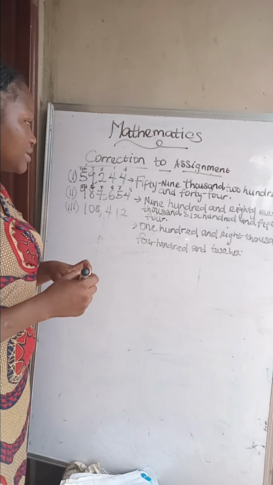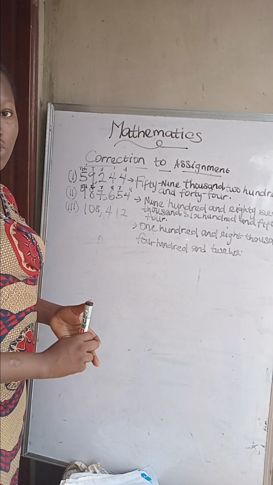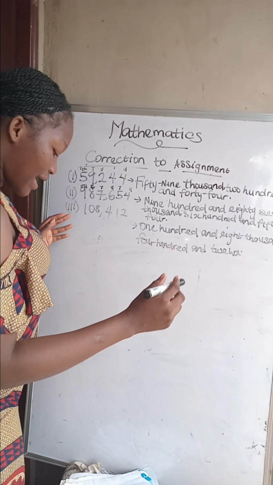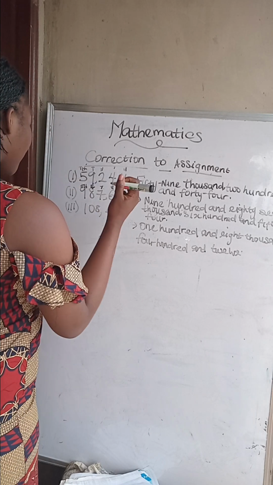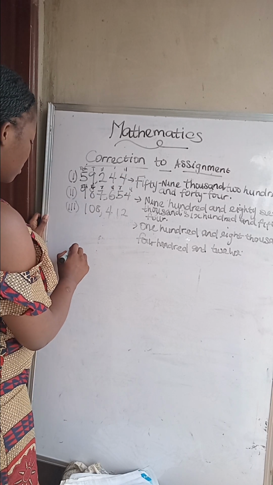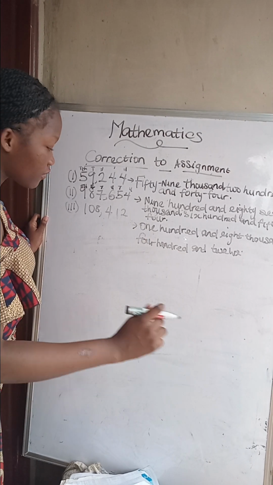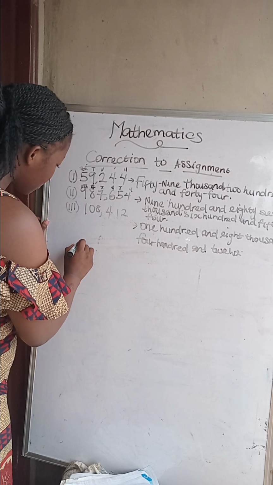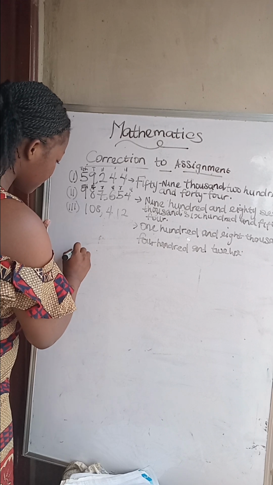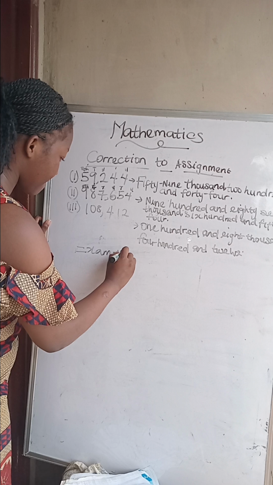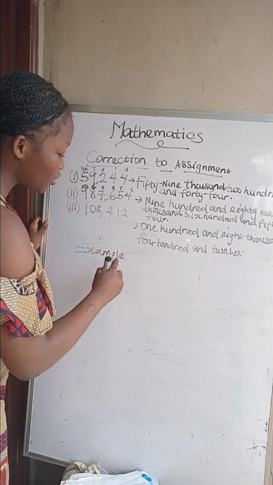So now this is about naming in words. These numbers are large numbers. You can also write some of these in words. Now, for example, changing words to figures. I did 2 examples yesterday, so this will be example 3.